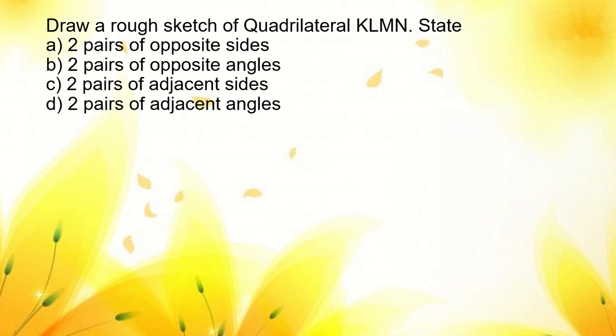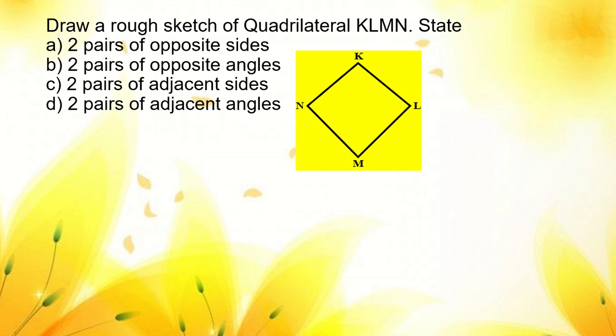As you have done about opposite sides and opposite angles. So see the figure. I have drawn KLMN, a quadrilateral. Now think about the answers. Two pairs of opposite sides. Which two sides are opposite to each other? You have to write two pairs.